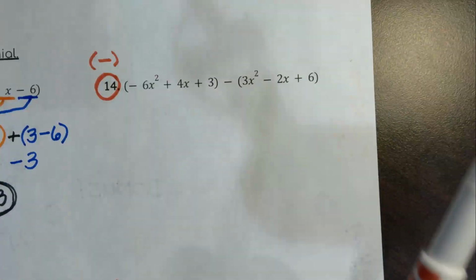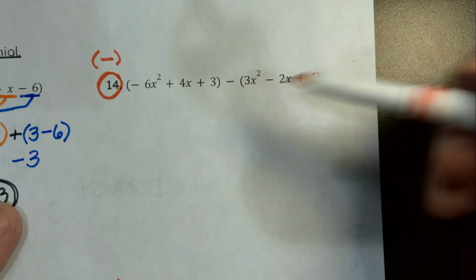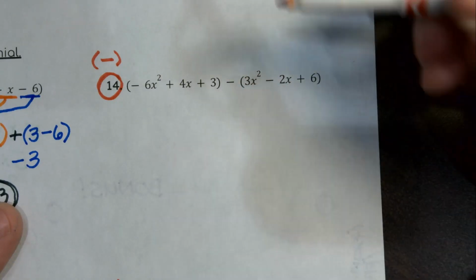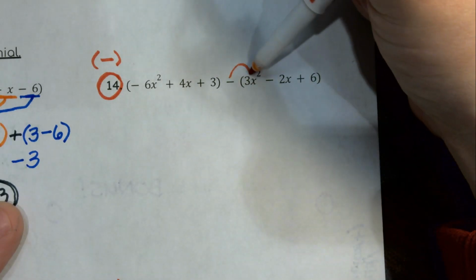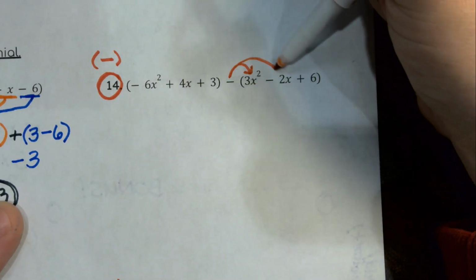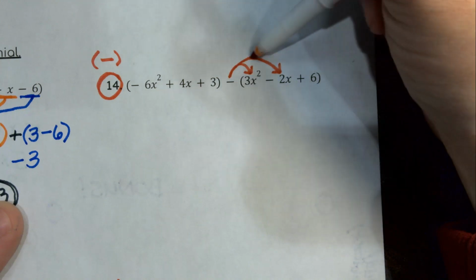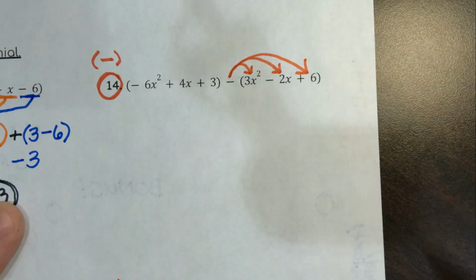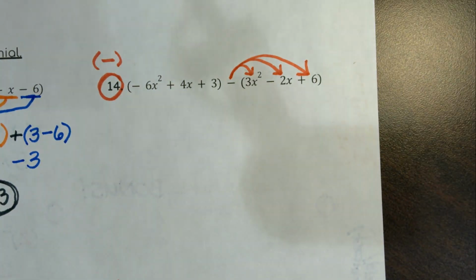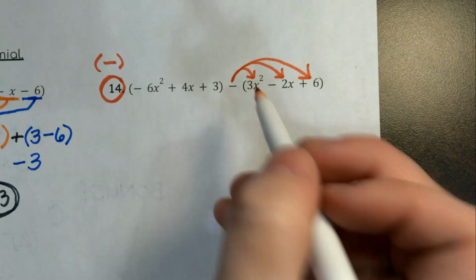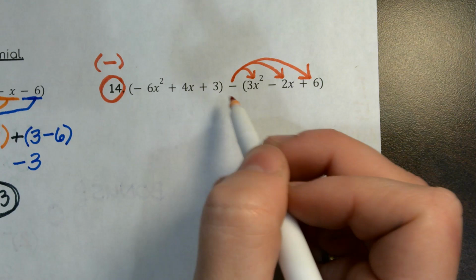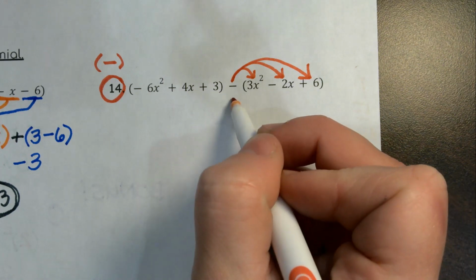So let's write that out first. We don't like to subtract here, so we're going to take this and move it to all of the terms. Now, since we're distributing it, I don't want to forget and keep it a minus. I'm going to go ahead and write plus under here.